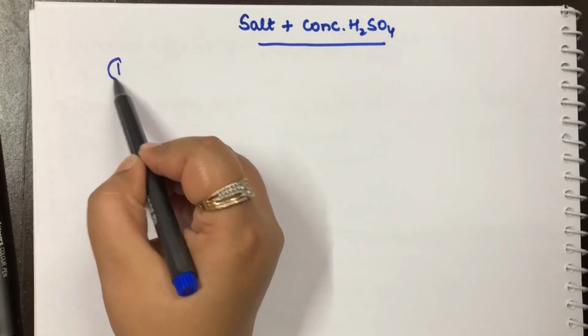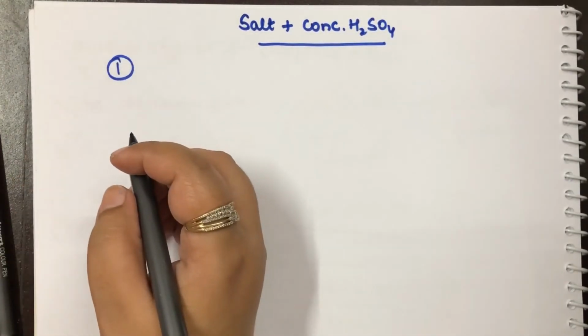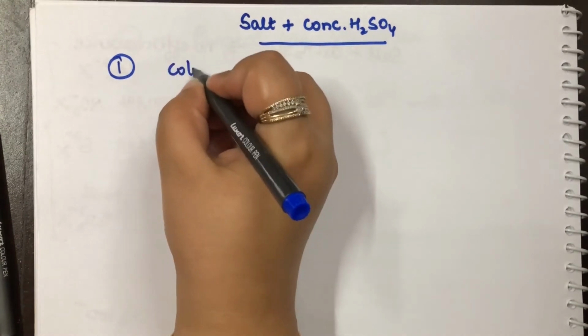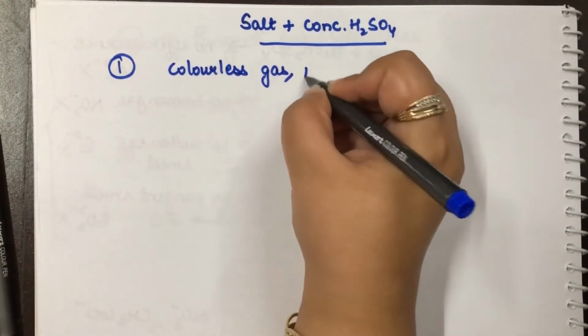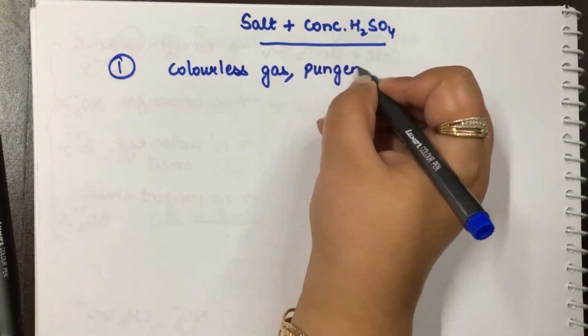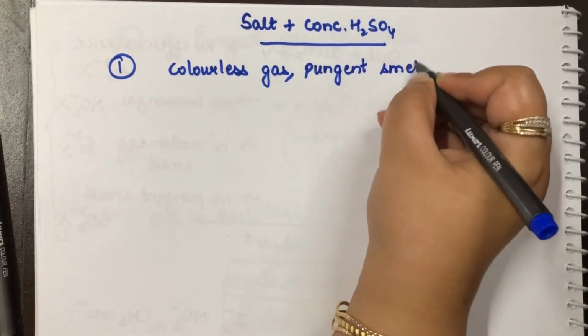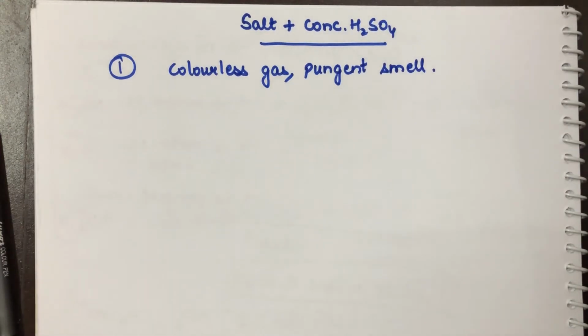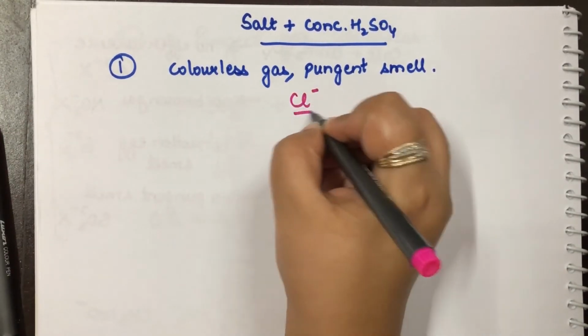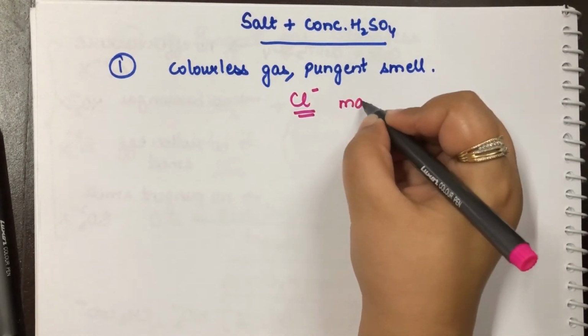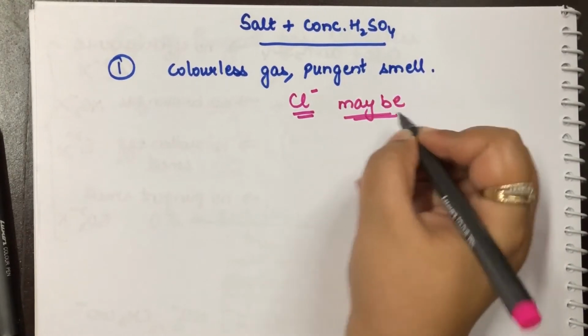So what is the first possibility? You get a colorless gas with a light pungent smell. If something like that happens, then we say that chloride may be present. We are not yet sure of it.